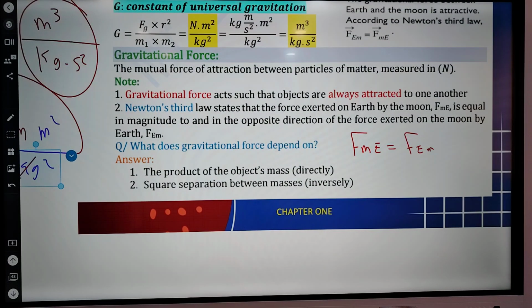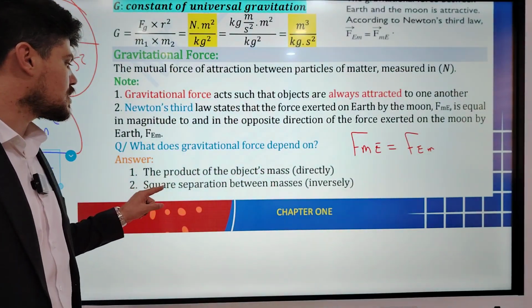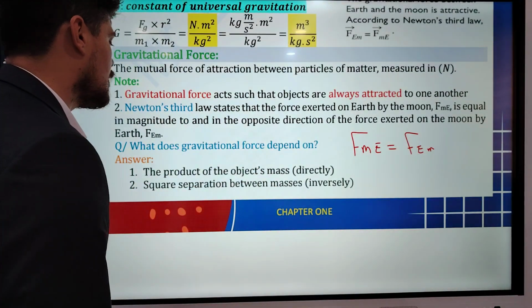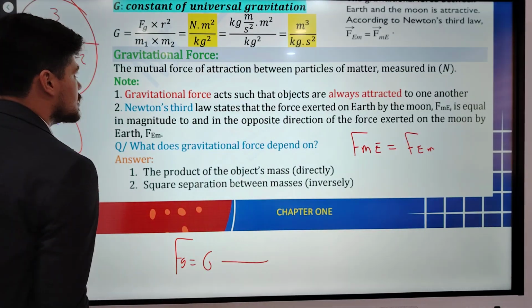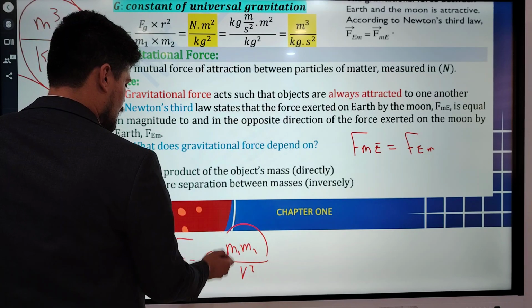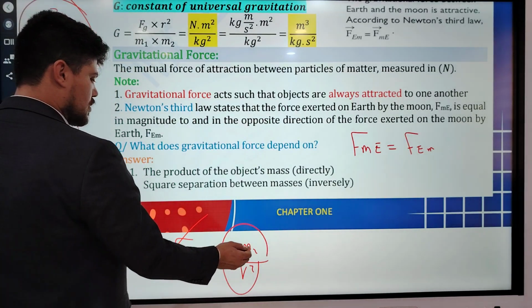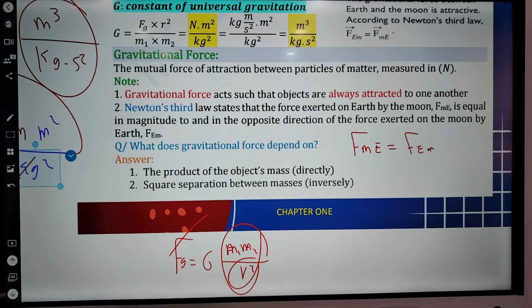What does gravitational force depend on? The product of the objects' masses directly, and the square of the separation. Why? Because Fg is equal to a constant times m1 m2 over r squared, which is inversely proportional to the square of the separation.